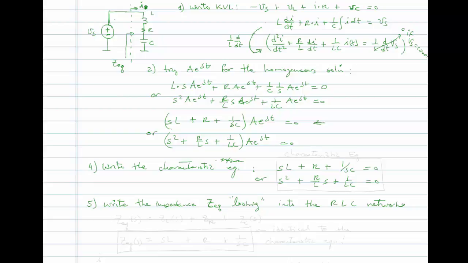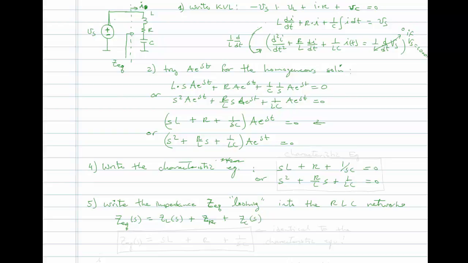Now the impedance ZEQ, it's going to be a function of S, is equal to a combination of the impedances for each of these elements. And fortunately, adding impedances is identical to adding resistances. So they just add: ZL plus ZR, which isn't a function of S, plus ZC.